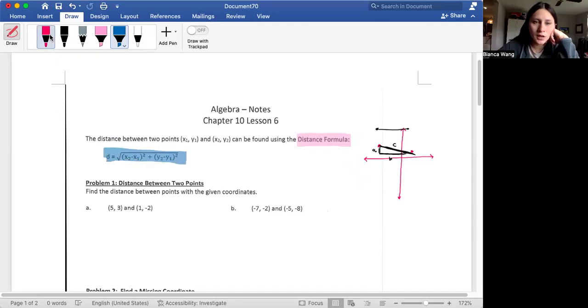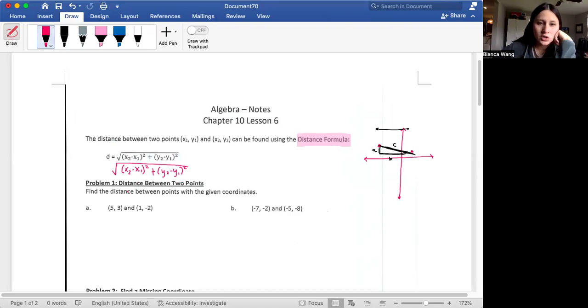It's the difference of the x's squared, so x2 minus x1 squared, and then plus the difference of the y's squared, y2 minus y1 squared, and then all of that square rooted. Okay, so that is the distance formula.